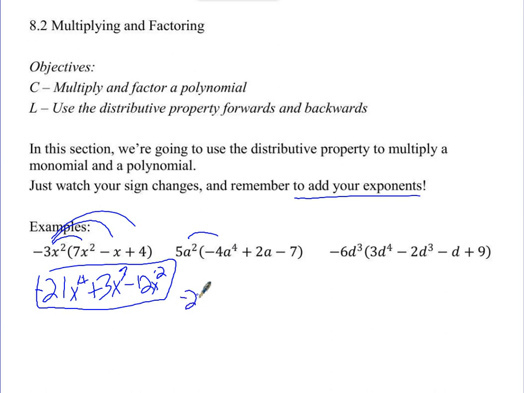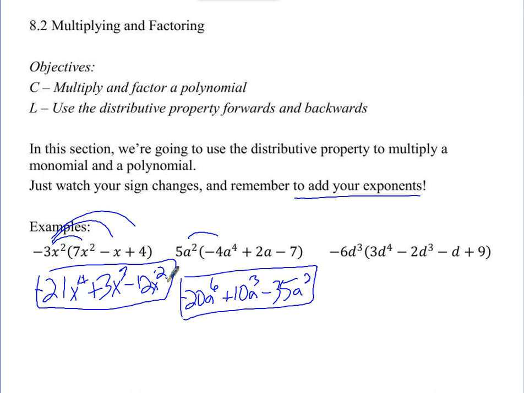Negative 20 a to the 6th. Good. Is it 10 or negative 10? So plus 10 a to the 3rd, and then 5 times 7 is 35 a squared.